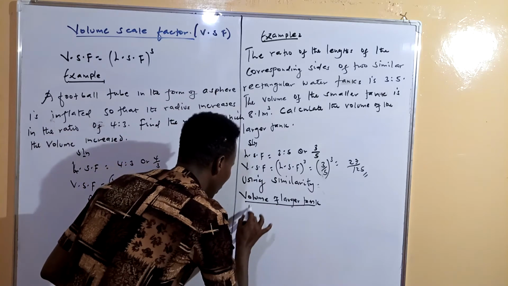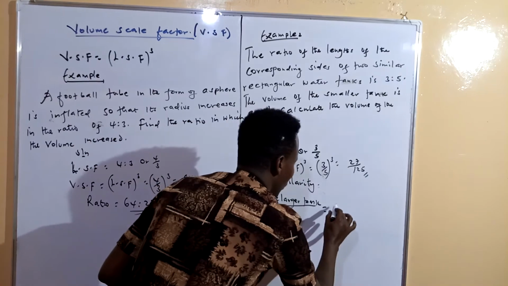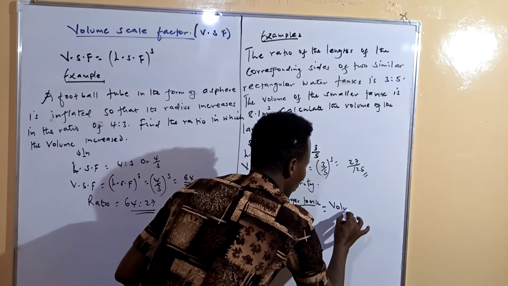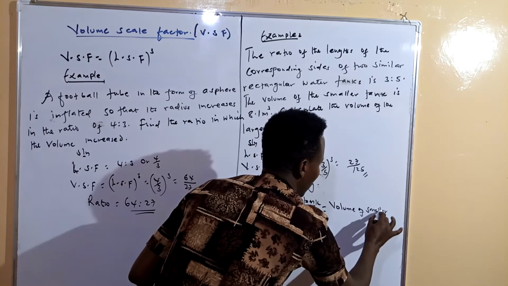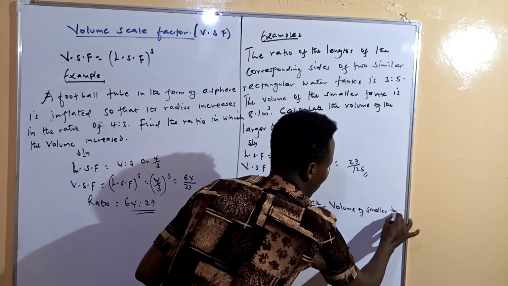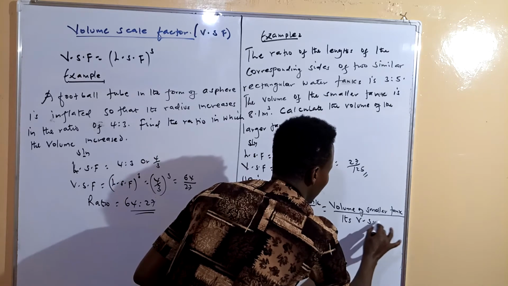divided by its volume scale factor is equal to volume of smaller tank divided by its volume scale factor.